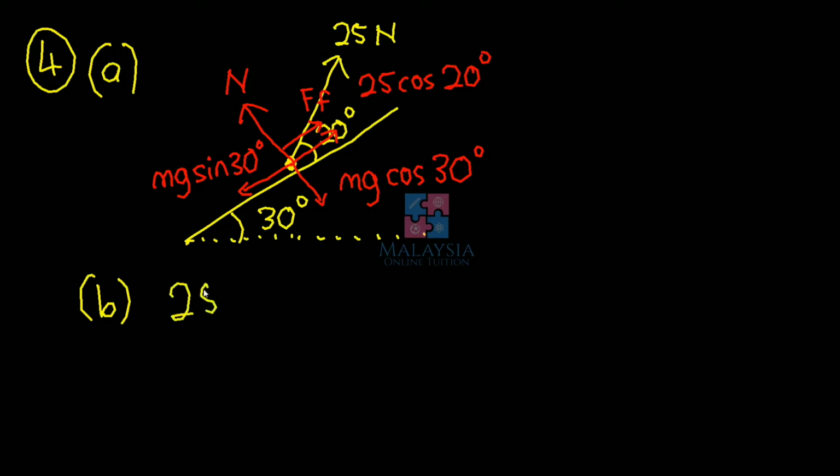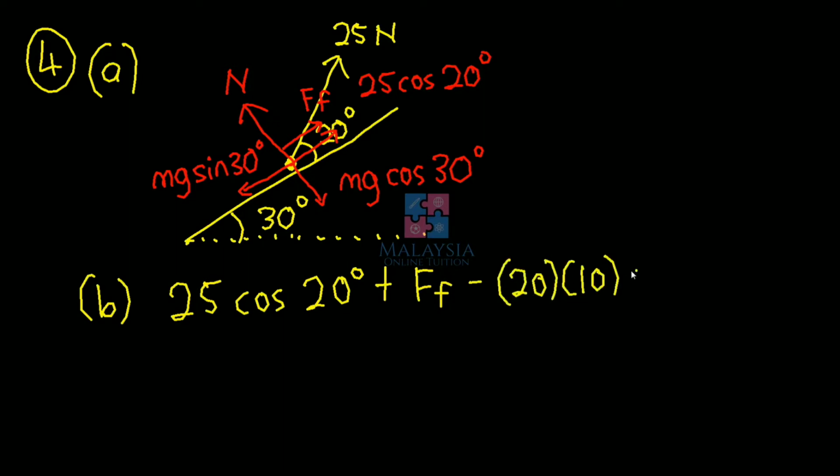So we will have 25 cos 20 degrees plus frictional force minus mg sin 30 degrees, where your m is 20 kilograms and your g is 10, sin 30 degrees, equals 0.